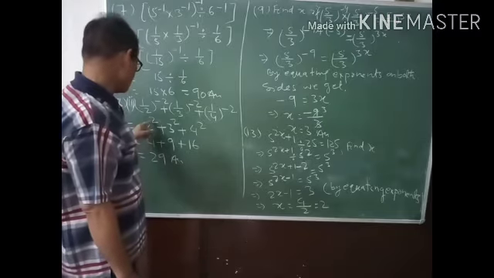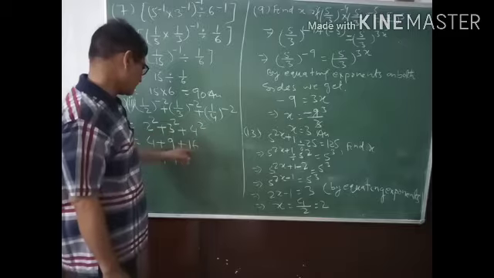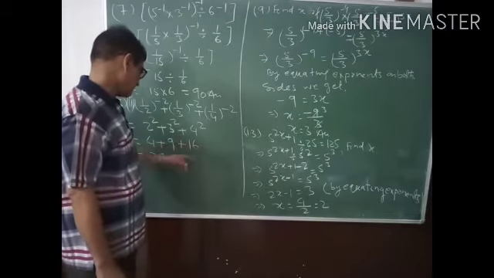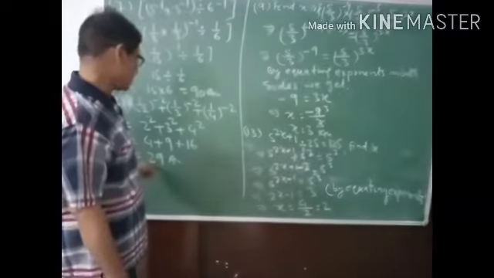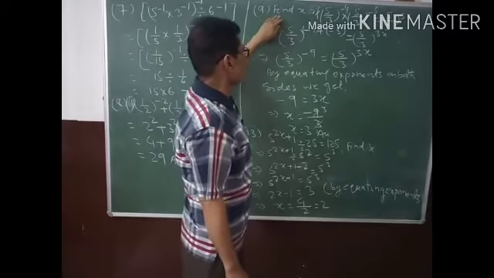This will become 2 to the 4, 3 to the 9, plus 4 to the 16. If you add 4, 9, 16, then you will get 29.